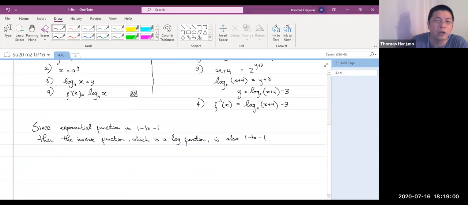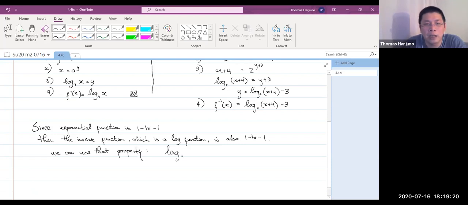Okay, and because the inverse function is one-to-one, we can use that property as the following. Log base a of blah equals log base a of blah implies blah equals blah.